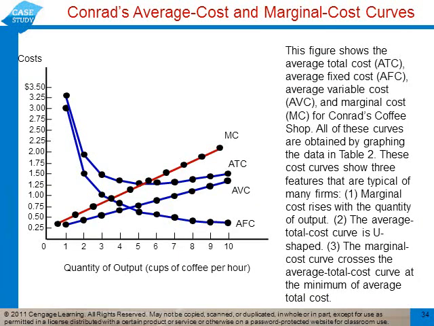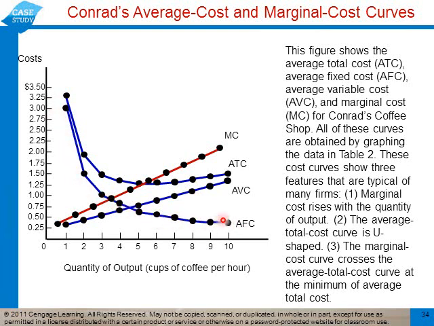Let's go to the next chart, and this is where you start adding the concept of average total cost. Average means that you have to divide the cost by the number of units, if you want. So let's say that this is the average fixed cost. It starts here at 3 and it goes down and decreases.